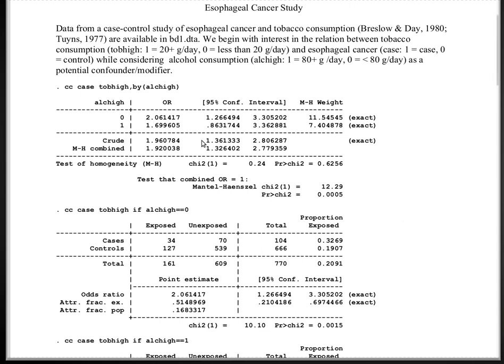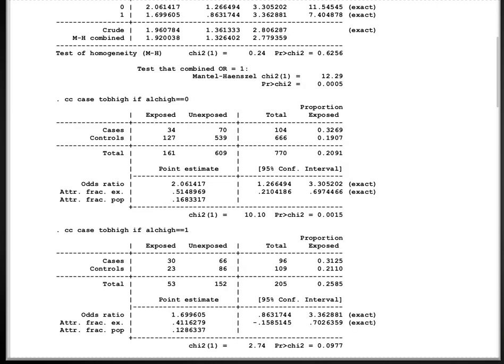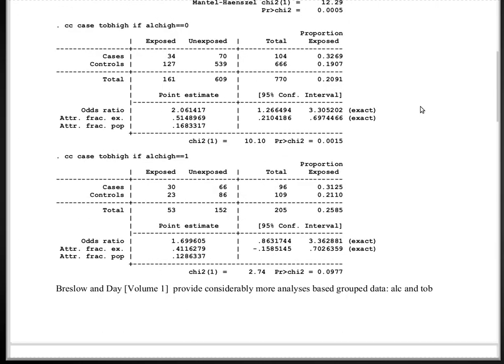So there is a relationship detected in this simple analysis between the case control status and exposure. Then we could look at the two 2x2 tables separately. And so here are the two individual 2x2 tables.